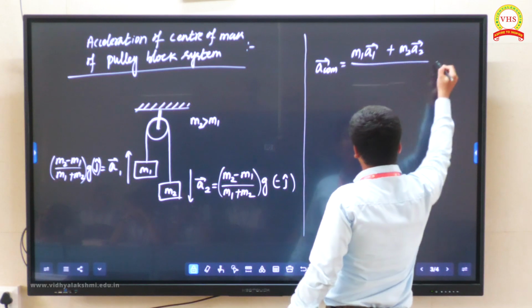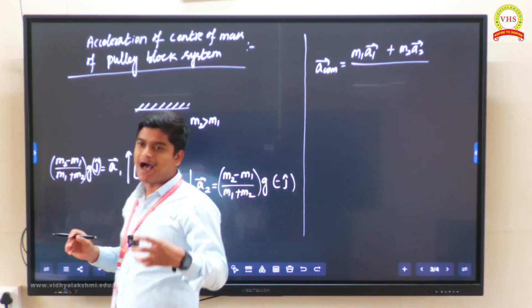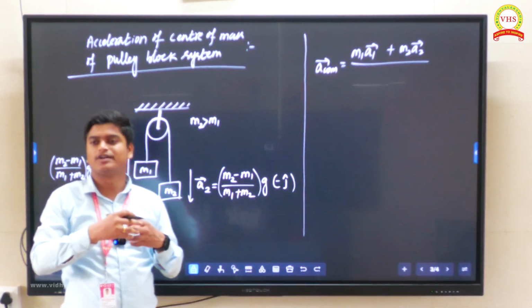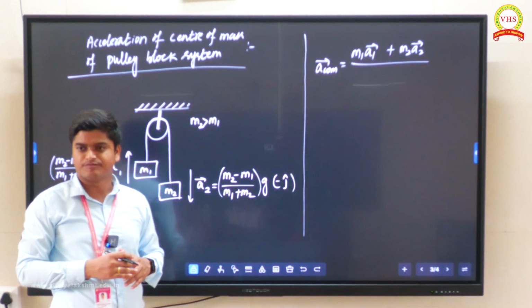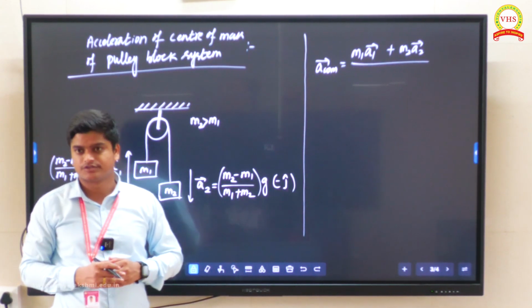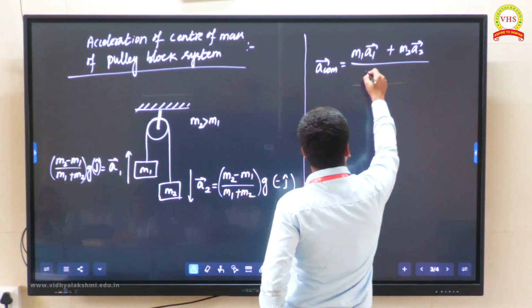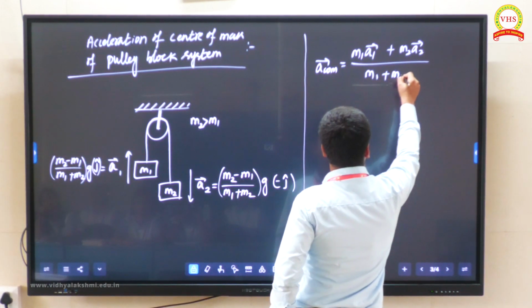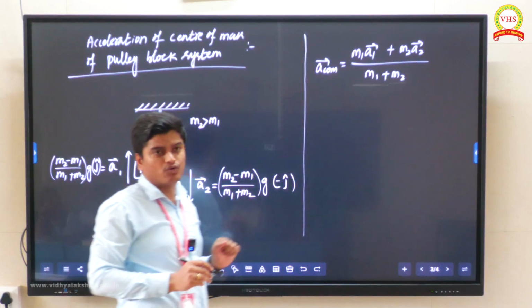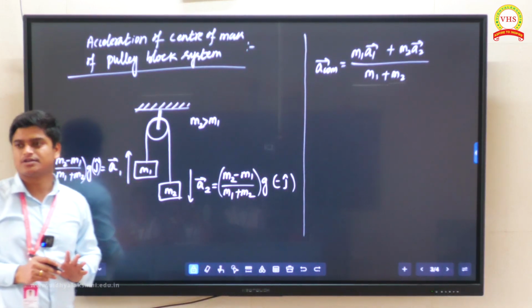Like this, for however many discrete masses there are, I'll multiply their mass and acceleration, and then take the sum. And in the denominator I'll keep M1 plus M2. If I do this, I'll get the acceleration of center of mass.